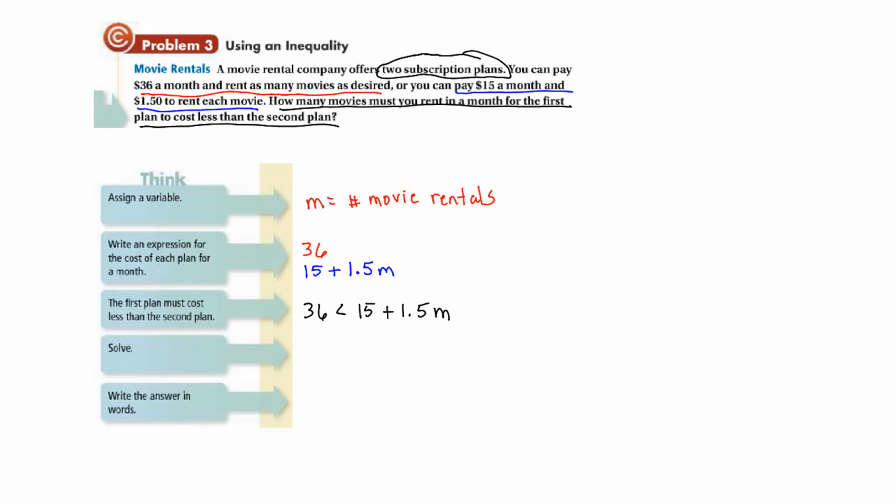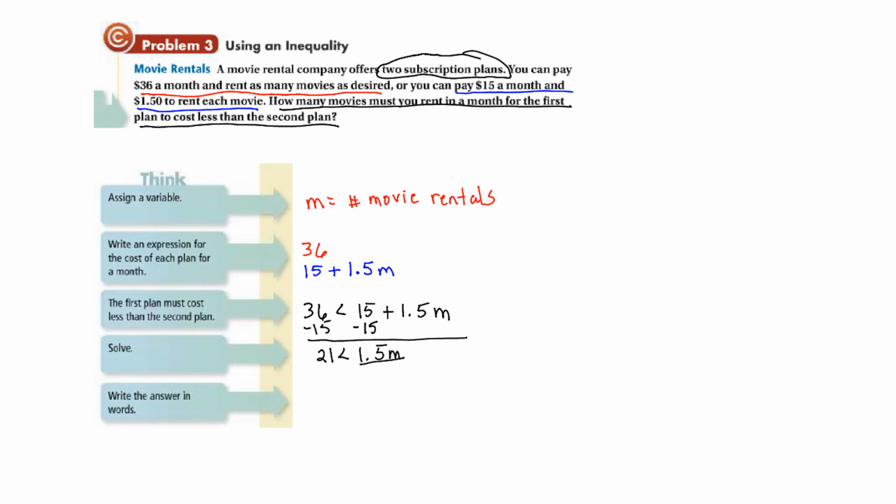So then I'm going to solve it. I subtract my 15 from both sides, and I get 21 is less than 1.5M.